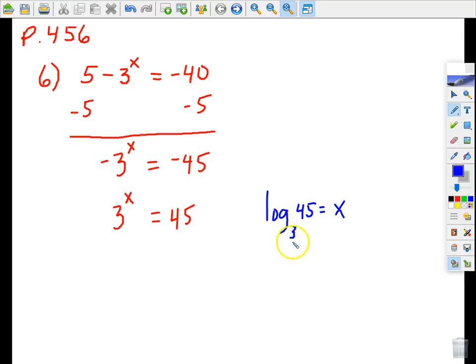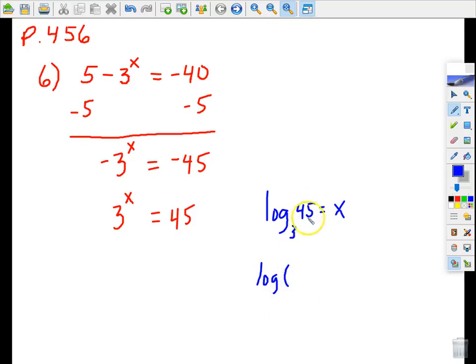Okay? And the way we're going to come up with this answer is by using that change of base formula. So you're definitely going to need your calculator. And with your calculator, I want you to find that button that has the word log on it. I've hit the log button, and then immediately I get a left parenthesis on my calculator.